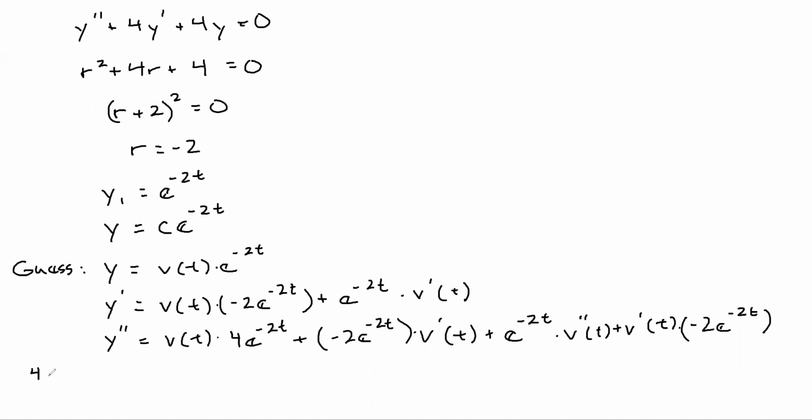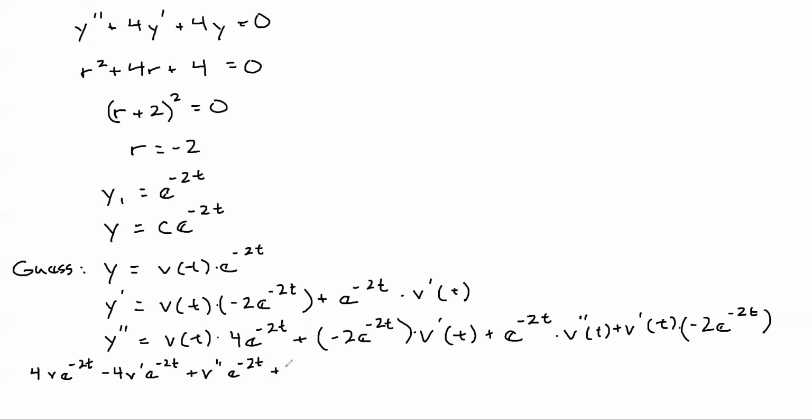So we're going to have 4 v e to the negative 2t, okay? And then we're going to have a negative 2 v prime e to the negative 2t, and then another negative 2, so we're going to have negative 4 v prime e to the negative 2t. And then what's left, we've got e to the negative 2t times v double prime. So we'll have v double prime e to the negative 2t. So that's y double prime.